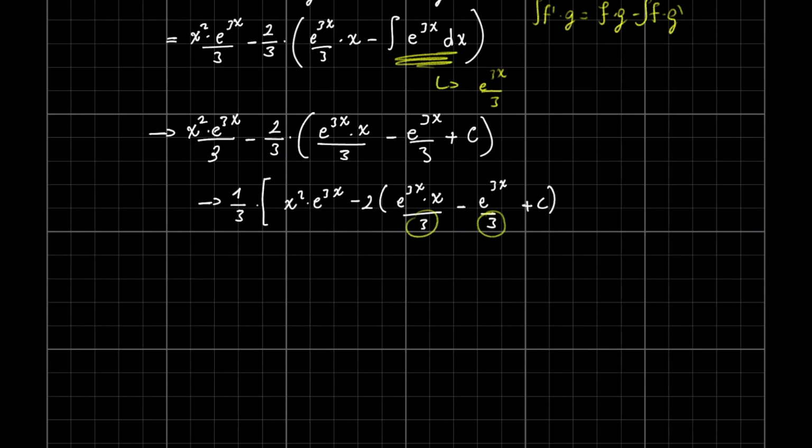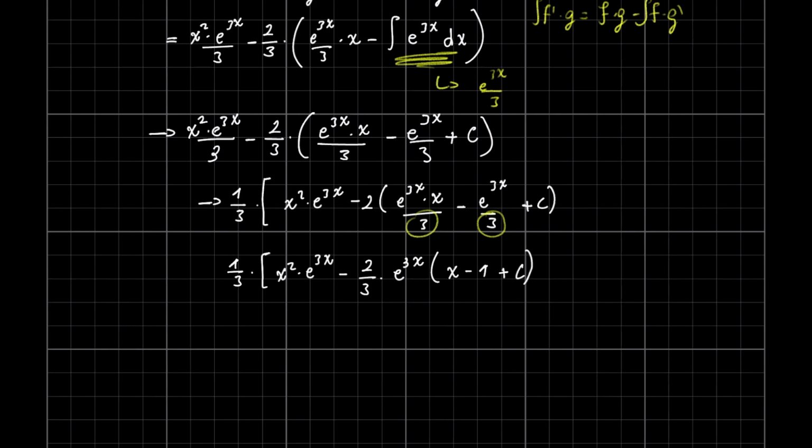I'm going to have 1/3 multiplied with x squared times e to the power of 3x minus, now 2 over 3, factorize the 3, times e to the power of 3x, now into x minus 1, plus c.